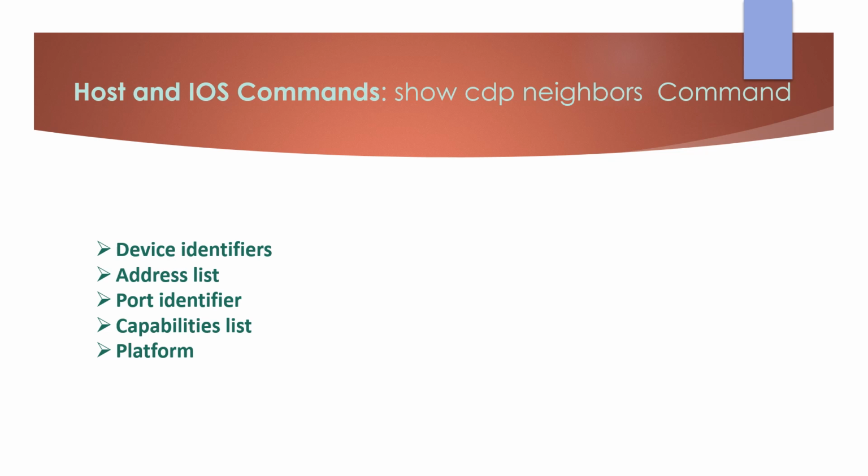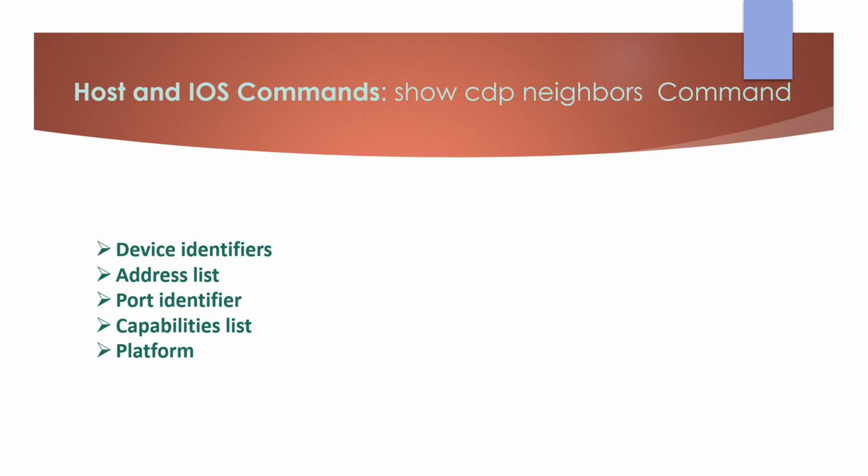The capability list, which specifies if the device is a layer 2 switch or a layer 3 switch, for example. And we have the platform, where the hardware platform of the device will show the information of the device, such as Cisco 1841 series router.